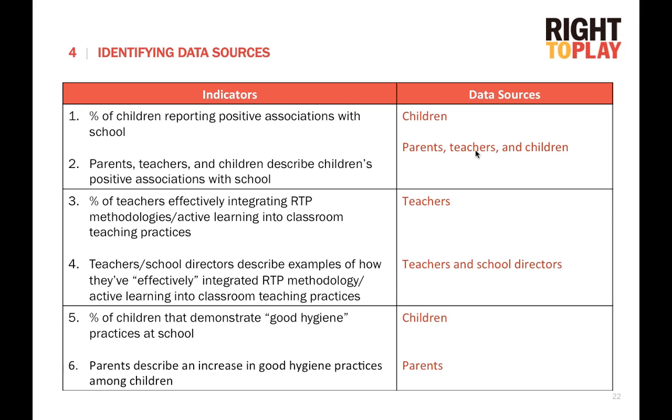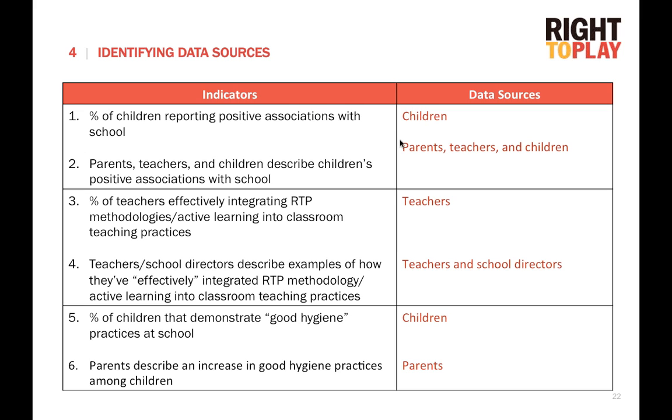Okay, so for your indicators, number one, the percent of children reporting positive associations with school. Of course, your data source for this is going to be the children themselves. And at this point, we just want to go through the data sources. We'll talk about data collection methods in just a moment.